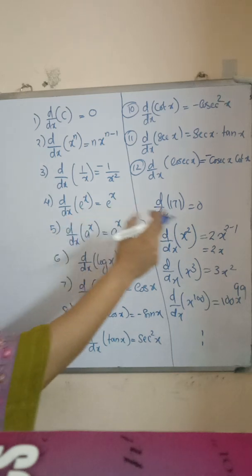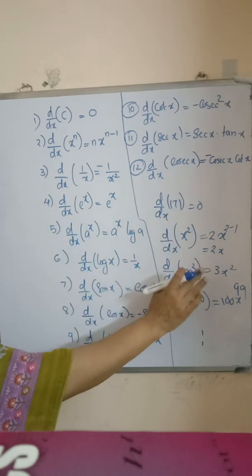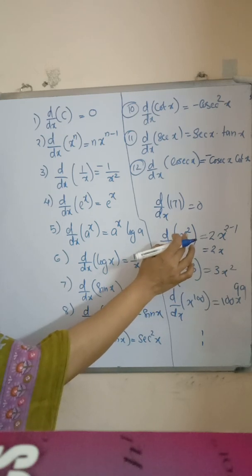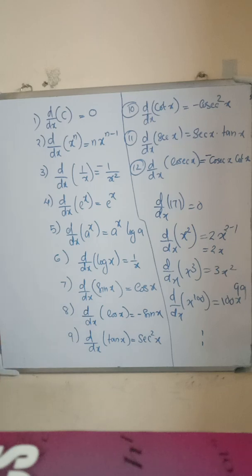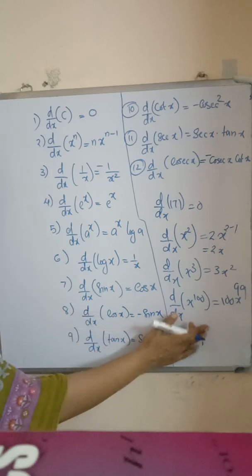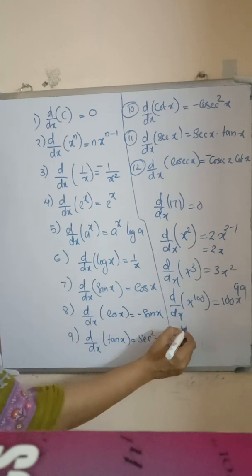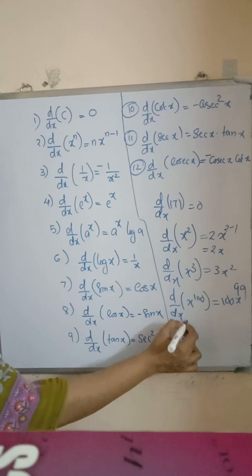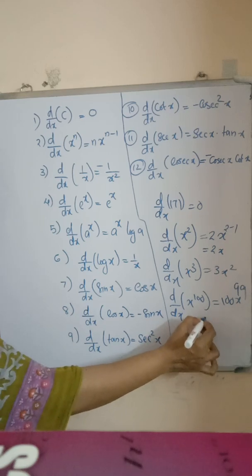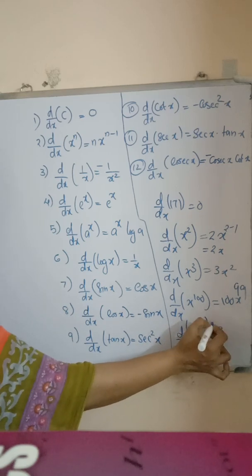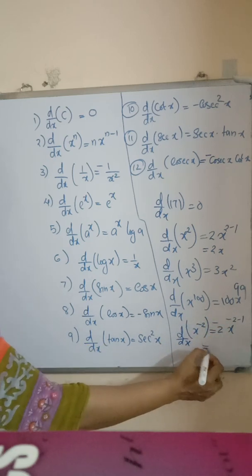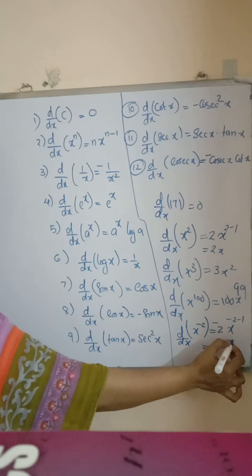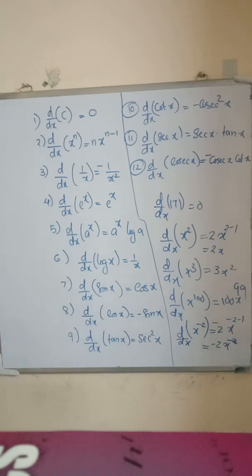If the power of x is positive, then it is that number times x raised to a number less than that. Similarly, in the case of negative numbers also, d by dx of x raised to minus 2 is equal to minus 2 into x raised to minus 2 minus 1, that is minus 2 x raised to minus 3.